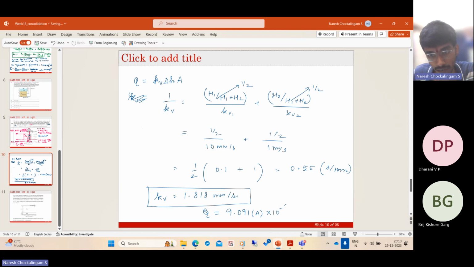So we get 9.091 into 10 power minus 3 meter cube per second, assuming A is in square meters. This is the total flow rate. So now we got that.